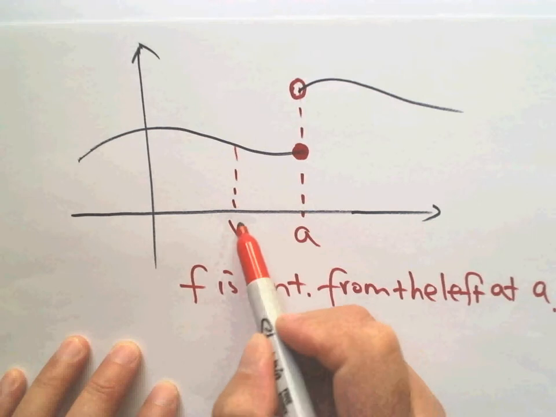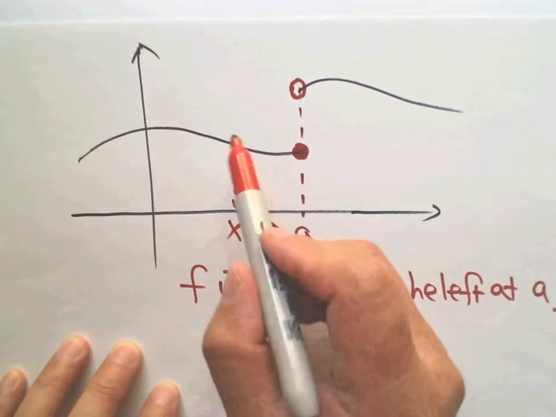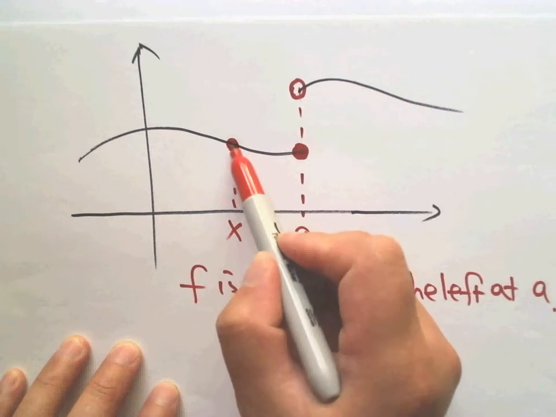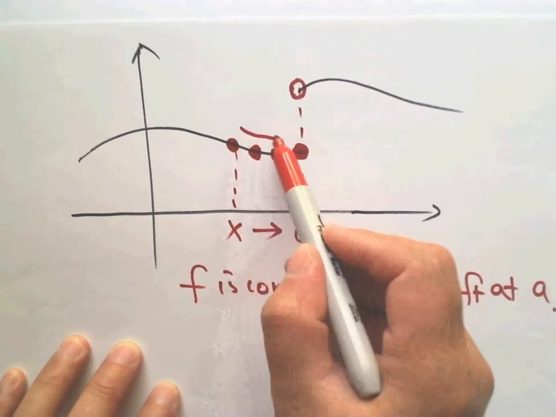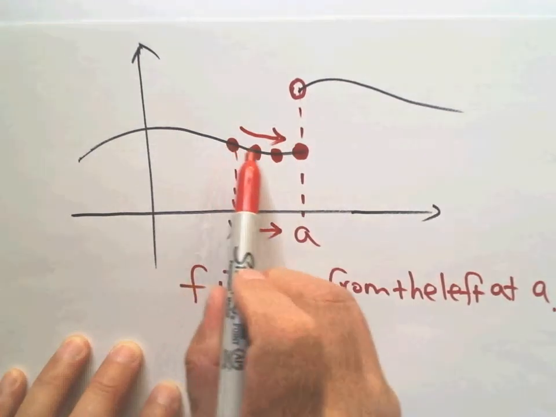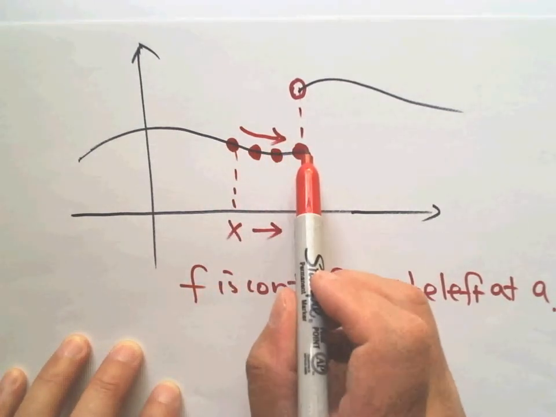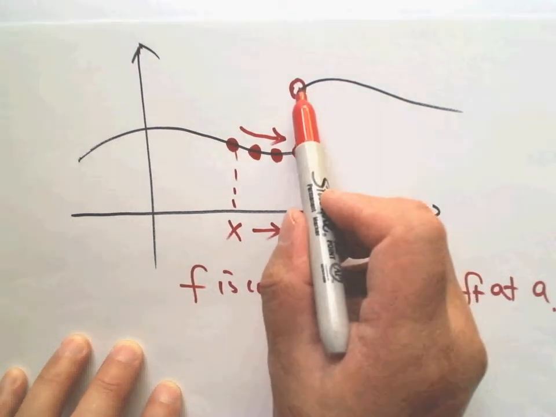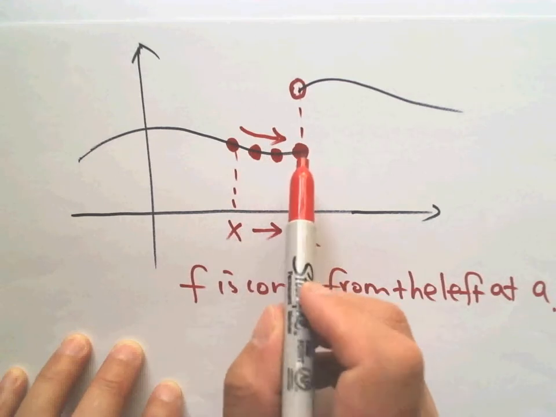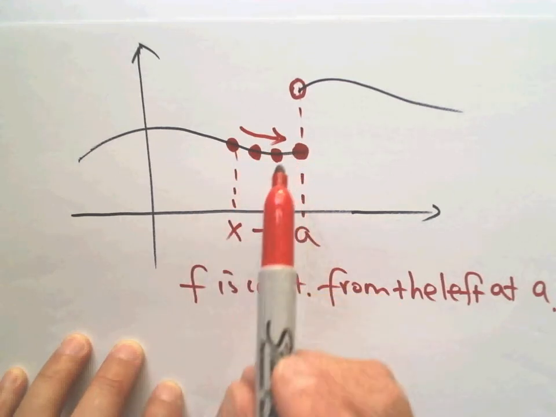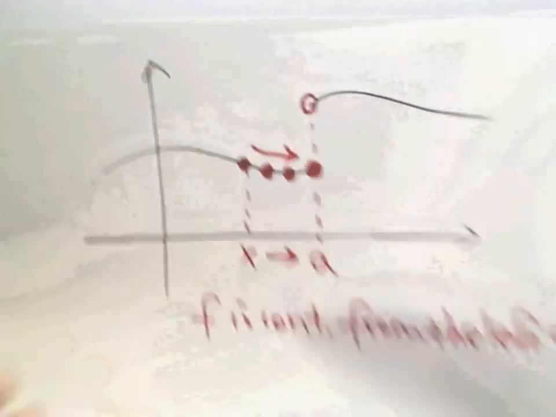If I pick x from the left side, and x approaches a, look at the graph: the points get closer and closer. The points on the graph will approach this point. This is solid, and this is empty. However, the left side is all solid points. So it is continuous from the left.